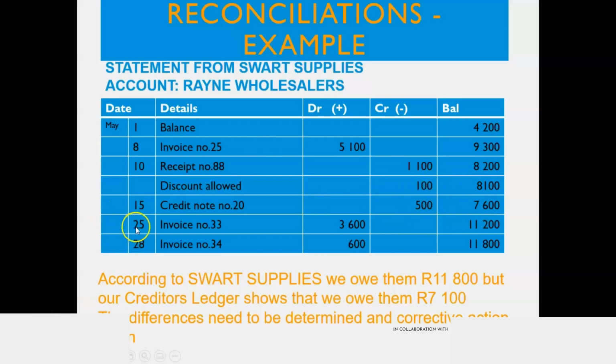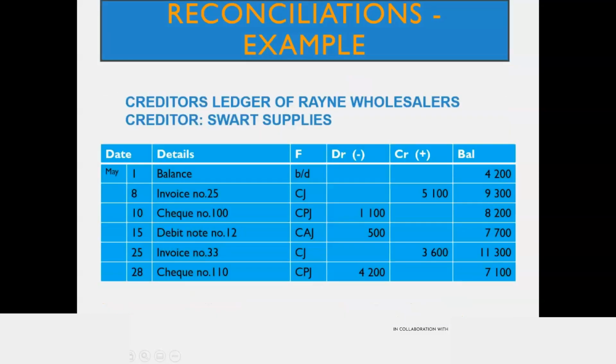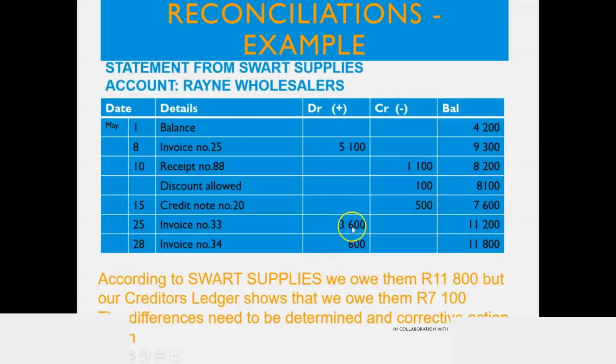Okay. And then now they're recognizing invoice number 33 for the 25th. Let's see if there is any transaction on the 25th. Yes. Invoice number 33 for how much? For 3,600. Okay, let's see. 3,600. Yes, remember invoice, it means what?